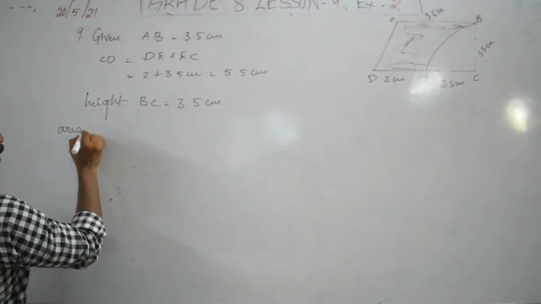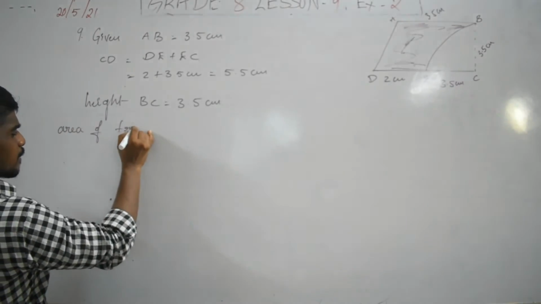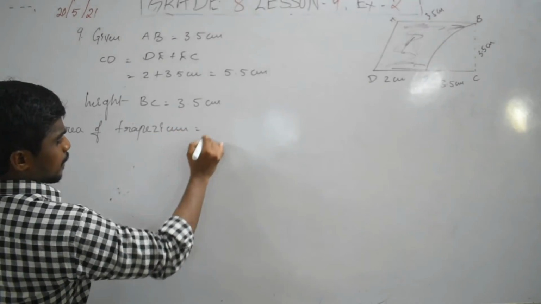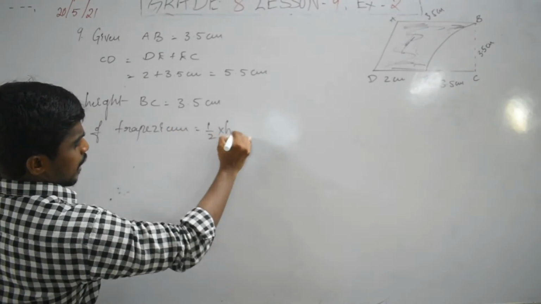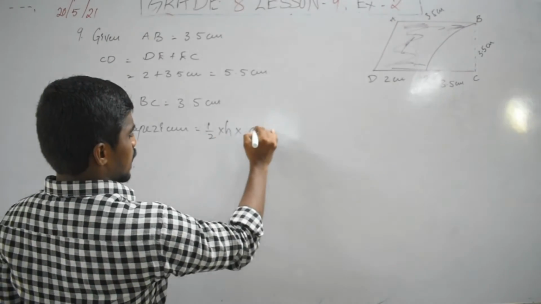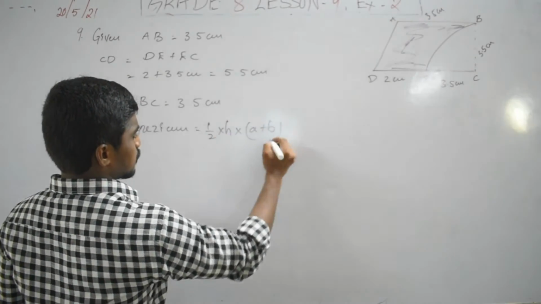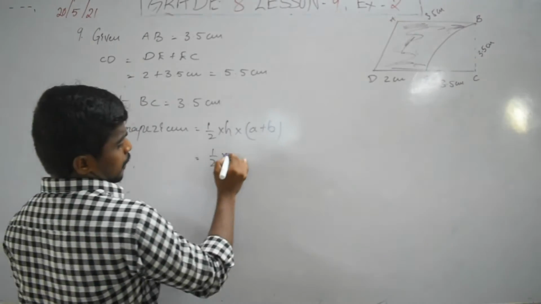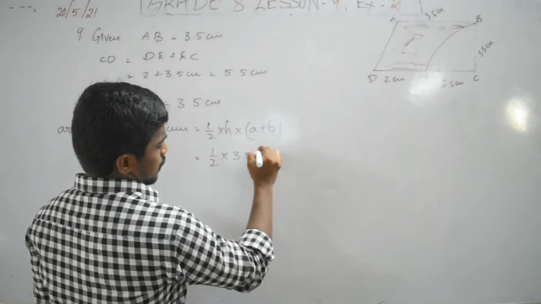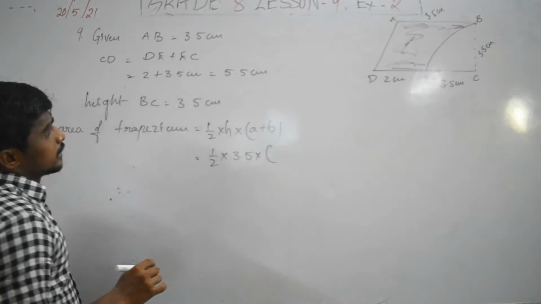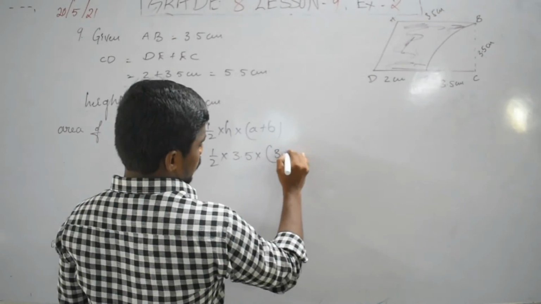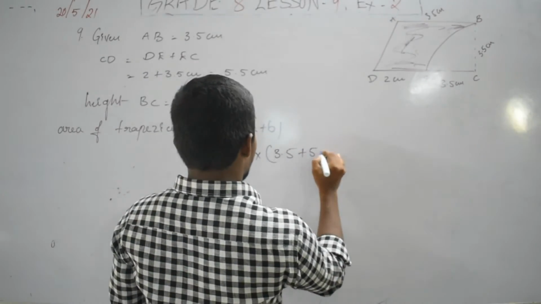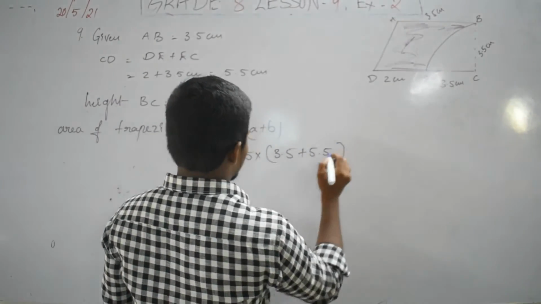Now, what is the area of the trapezium? Half times height times the sum of the parallel sides. So 1 by 2, height how much? 3.5. AB 3.5 plus CD 5.5 gives 9.